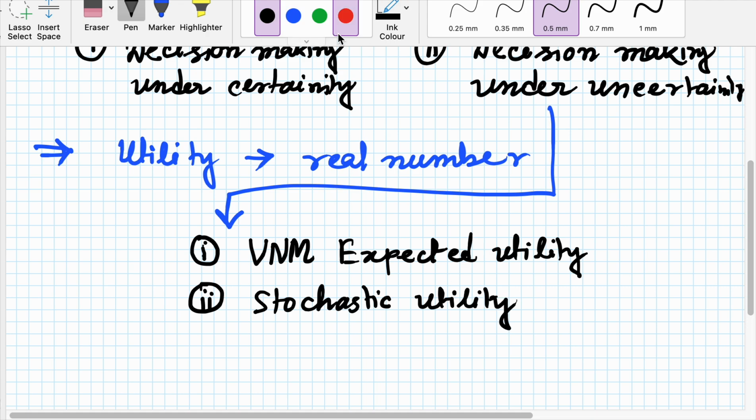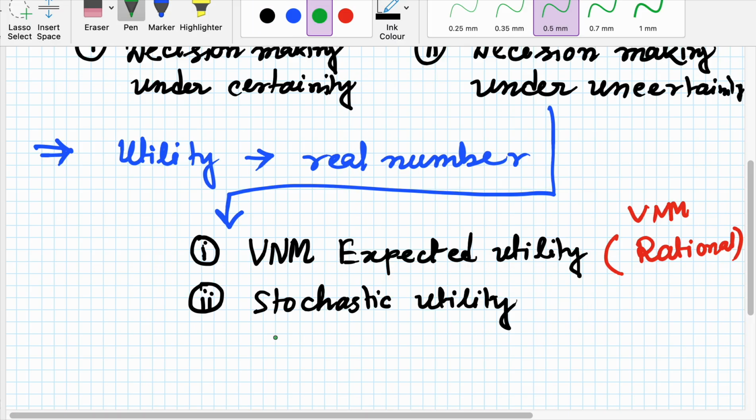In general literature, the rational individual means one whose decision making follows the axioms of VNM expected utility theory. That agent is called the rational individual, that means, by rational in normal literature means VNM rational individuals who follow the axioms of VNM expected utility.